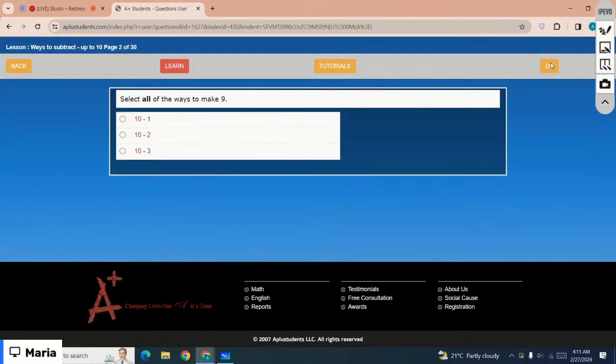The next one is select all the ways to make 9. So which is the correct option? How do you make 9?